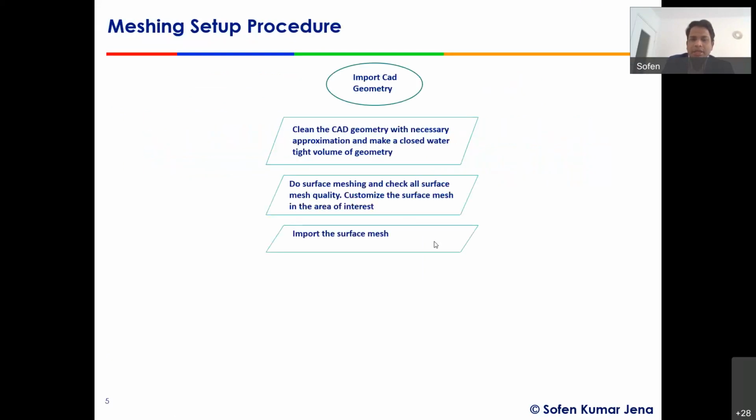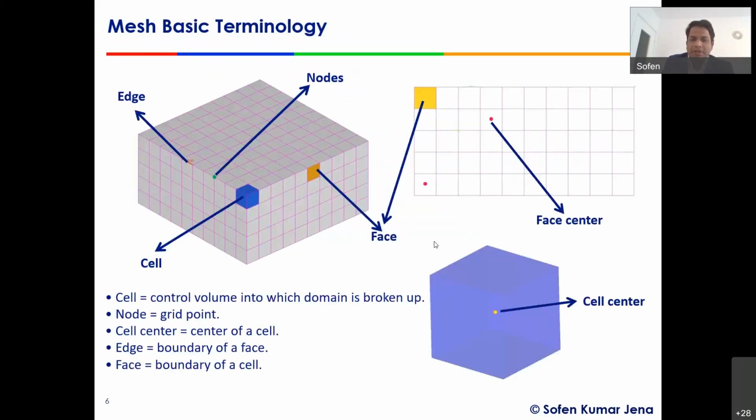Then this is the mesh setup procedure. There are a lot of things associated with the mesh, basically in Ansys Fluent. Once you mesh some geometry, the fundamental unit is called a cell, the individual small volume that you get after meshing, right? There is something called an edge.